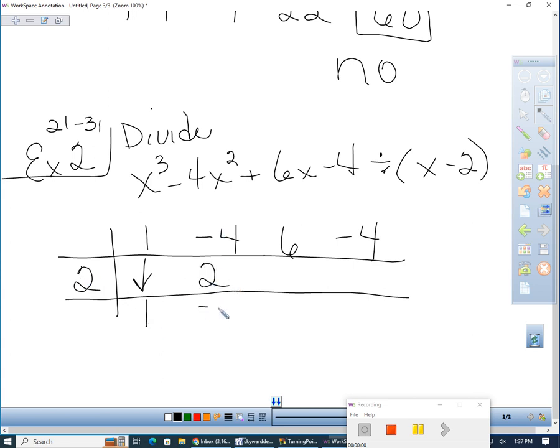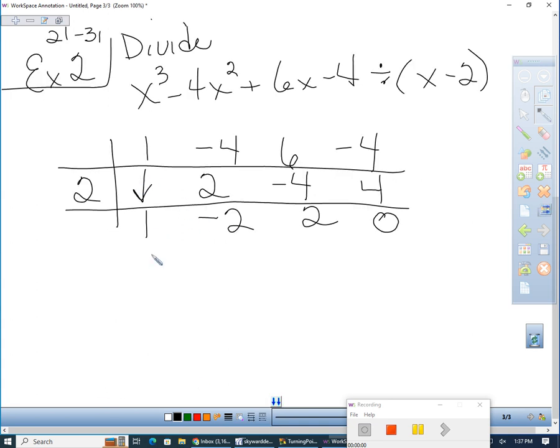Add it together, we get negative 2. 2 times negative 2 is negative 4. Add them together, we get positive 2. 2 times 2 is 4. Add them together, we get 0. So there's no remainder. Our actual answer is 1x squared minus 2x plus 2.